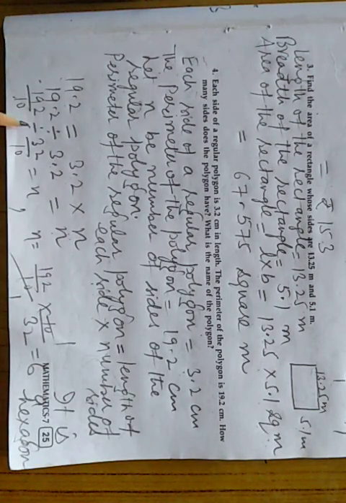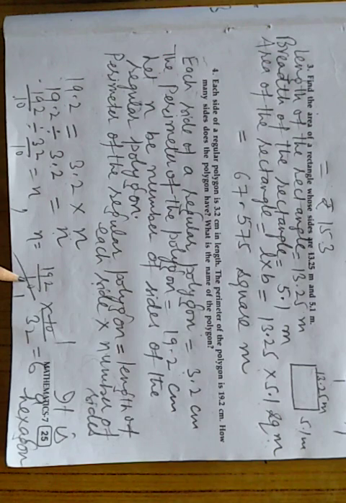Since division is there, now this decimal number is converted into a fraction. So 19.2 will be written as 192 upon 10. Then the division sign, and 3.2 can be written as 32 upon 10, equal to n.